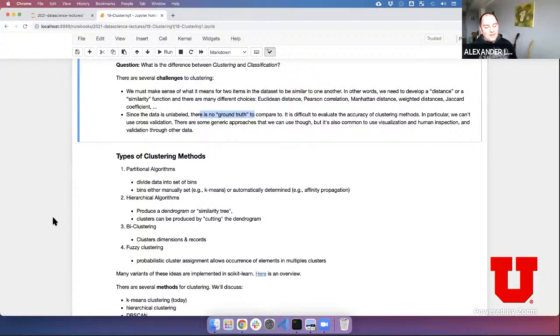We can say, well, we think that this particular item belongs with 70% probability to this cluster, with 28% probability to this other cluster, and with 2% probability to the third cluster. So we don't have discrete assignments, we have probabilistic assignments. And that is sometimes very useful. We'll not talk too much about that, because it's fairly tricky to visualize, but it's actually a smart way. It just makes the handling of the data downstream more complicated.